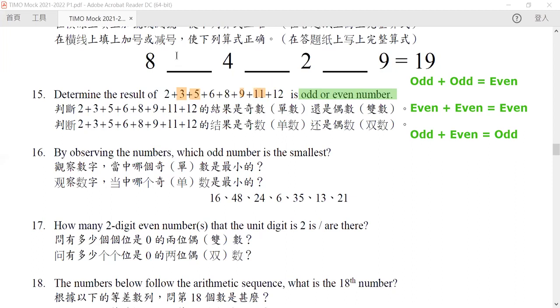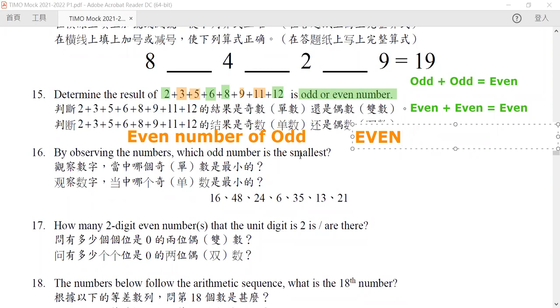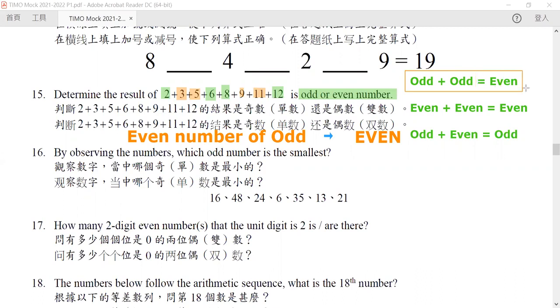And we also know that no matter how many even numbers you sum up, the result will always be even. Because there is an even number of odd numbers, according to these rules, the result would be even.